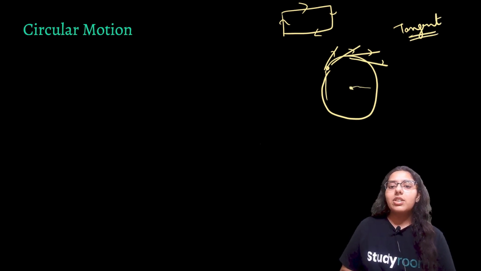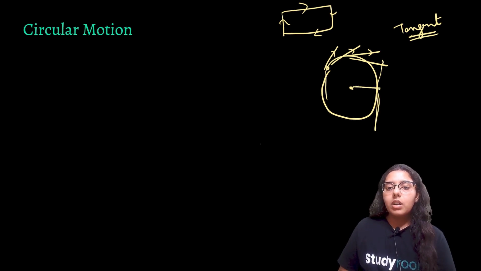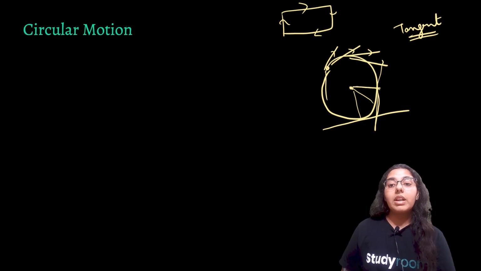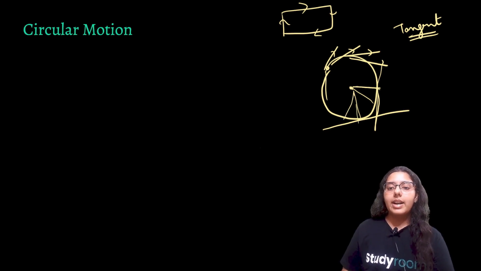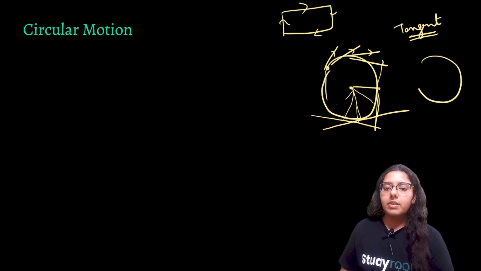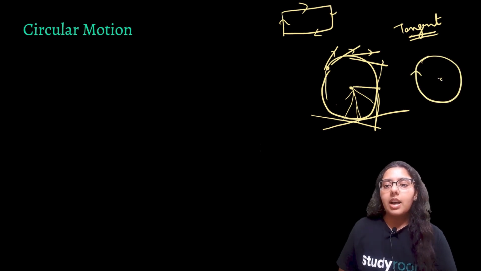As our object is moving here, we can draw a tangent here. So for circular motion, we have a tangential approach to see the number of turns. In a circle we don't have a definite number of turns. We have infinite turns.